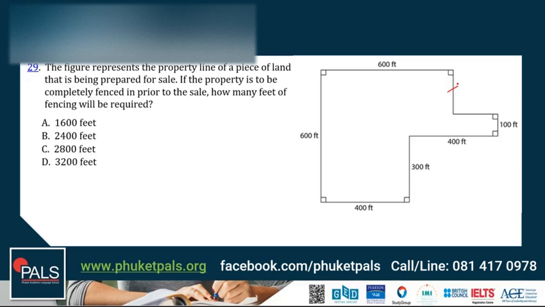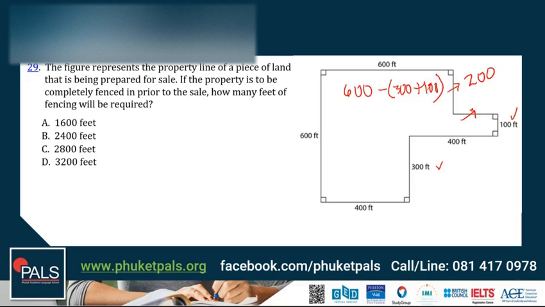Now, let's start with this side. This side, the height is 600. So it could be 600 minus 300 for this one, and 100. This side is 200.